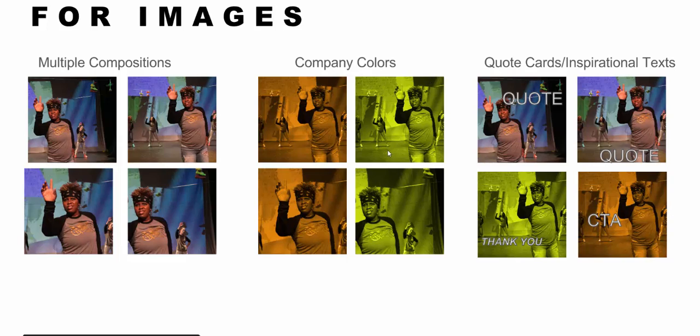And yeah, that's pretty much it. So just to reiterate, to make sure that I'm explaining myself as best I can: pick the best one here, create company colors. Pick the best ones from multiple compositions and company colors, make inspirational text.